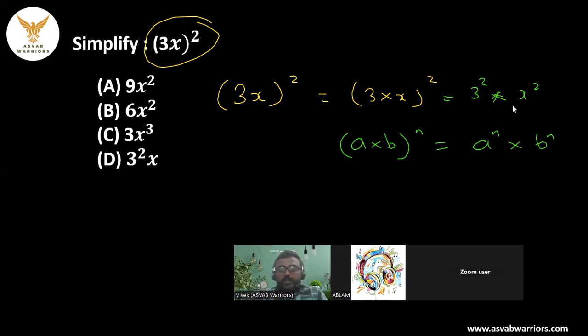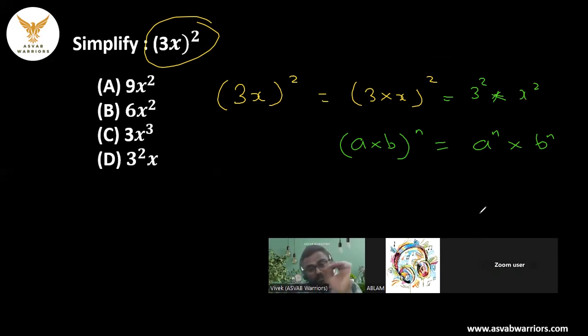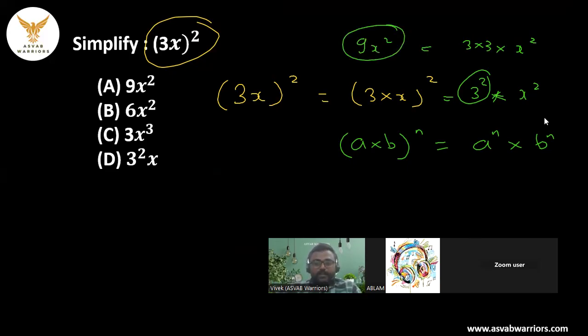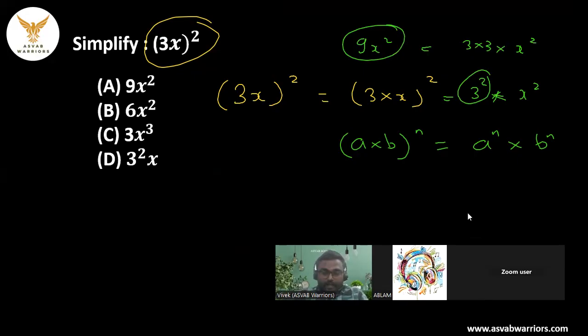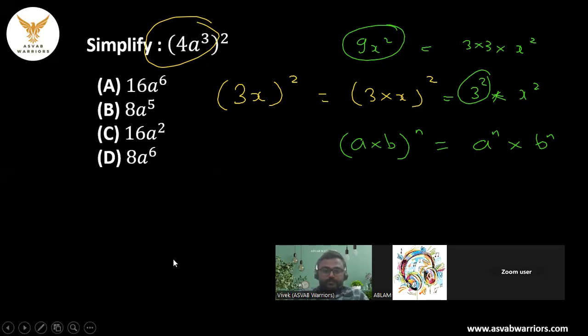Now 3 to the power 2 doesn't mean 3 times 2. No, it is 3 multiplied with itself 2 times. So 3 times 3 times x square, which is nothing but 9x square. That will be your answer. So option A is correct. Did you understand it, Valeria? 3 to the power 2 doesn't mean 3 multiplied with 2. It is 3 multiplied with itself 2 times. Let's move on. Solve this question.